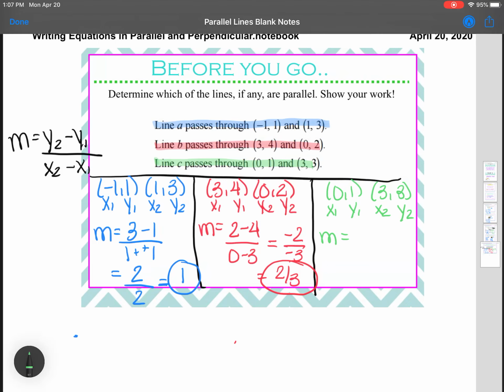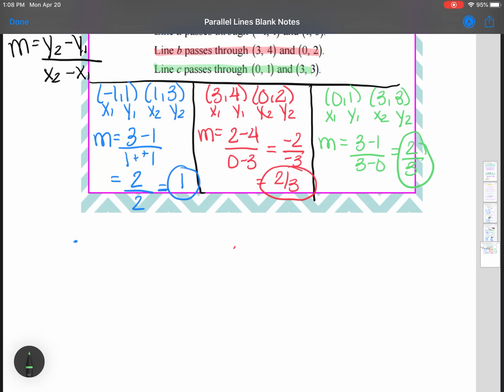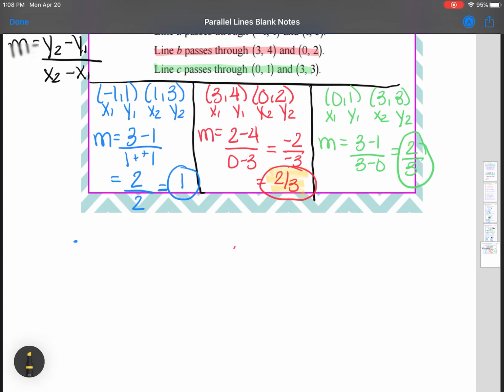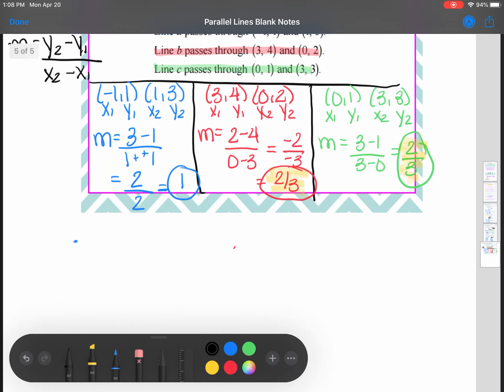M equals y2 minus y1, 3 minus 1, over x2 minus x1, 3 minus 0. 3 minus 1 is 2, 3 minus 0 is 3, so that's 2/3. Now, if any of these lines are parallel, then our slopes are going to be the same. If I look at these, my slope is the same for line B at 2/3 and line C at 2/3.